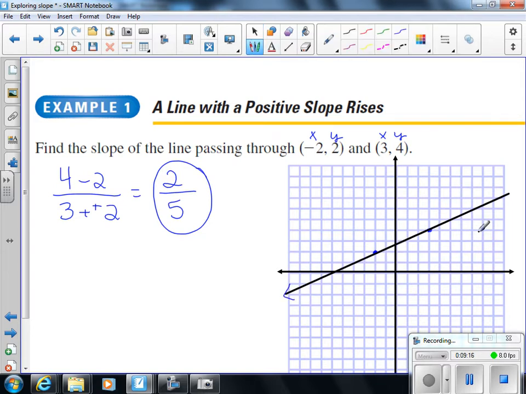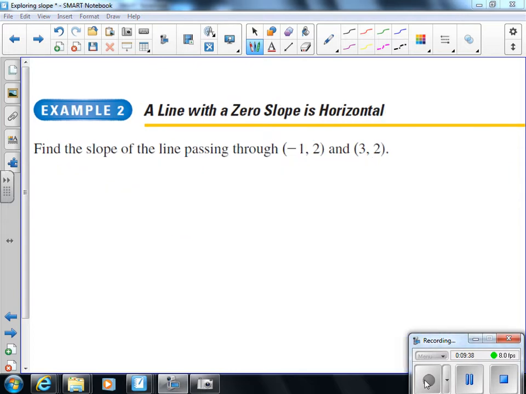Let's put our arrows because they go on, and I go up 2 over 5. So that is my slope. My change in the rise over the run, or I can do the change in y over change in x. Okay, that's all we're working on today: finding the slope of a line if you're given 2 points.